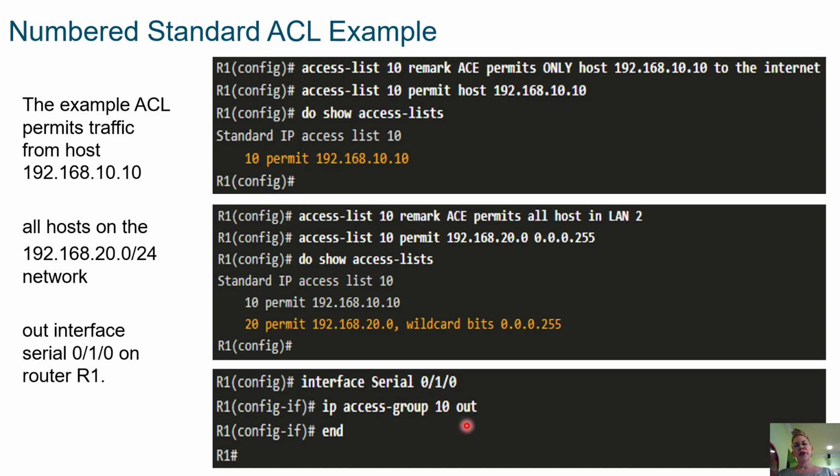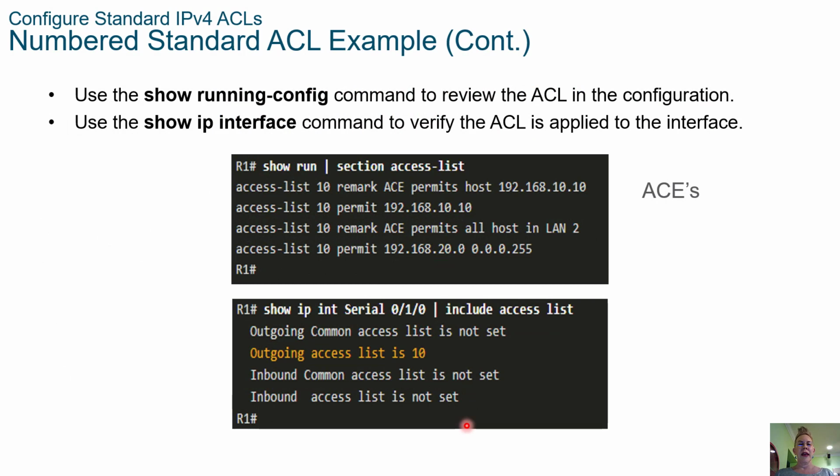Let's also see how it shows up when we do a show run. So I can do a show run and then pipe section access-list. What's nice about this is it's going to show us everything that we've entered in the command line, in the configuration, the CLI. And we can take a look at it.